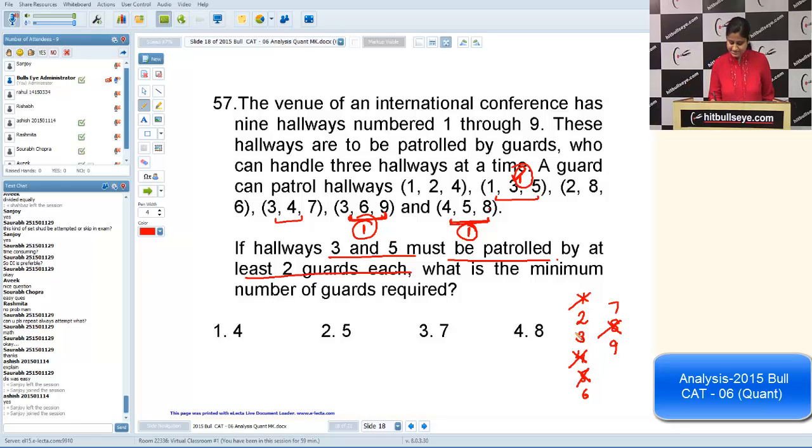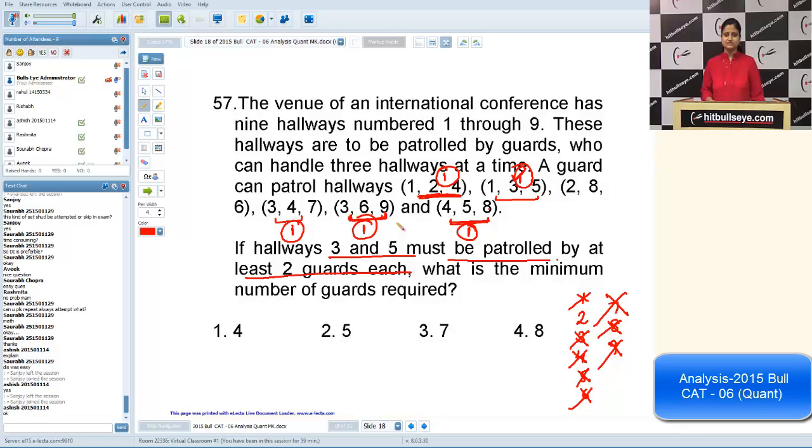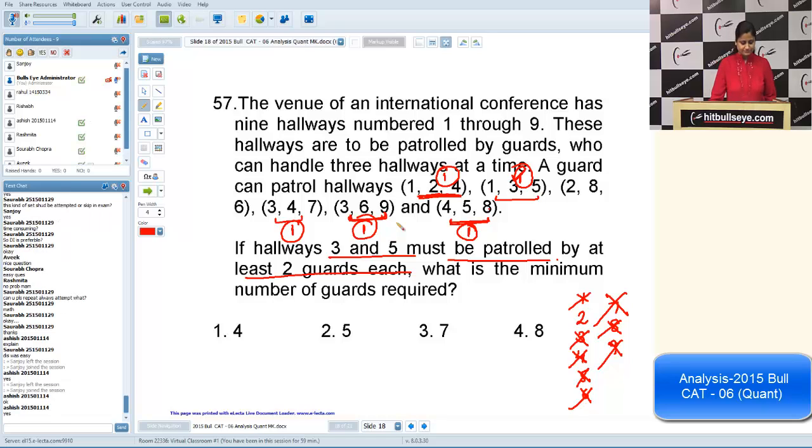So I'm taking 3, 6, 9, that is out. Now we are left with 2 and 7. So I can assign 1 guard to 3, 4, 7, 2, take 7, and for 4 I'll take 1, 2, 4. So there should be 5 guards. At least 5 guards are needed. Is it okay, Ashish? Manipulations only? Yes. Okay. Good.